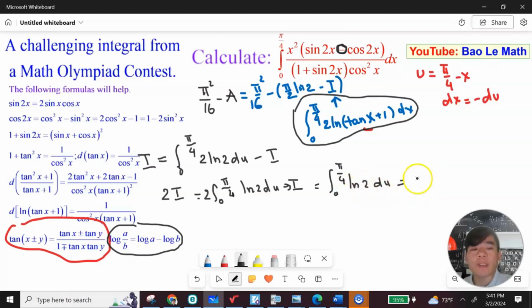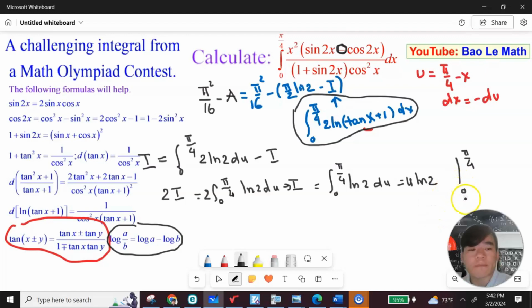Now this is just a number, so it's going to equal natural log of 2 times u, integrated from 0 to pi over 4. I just write u in front of natural log of 2 so that you're not confused.